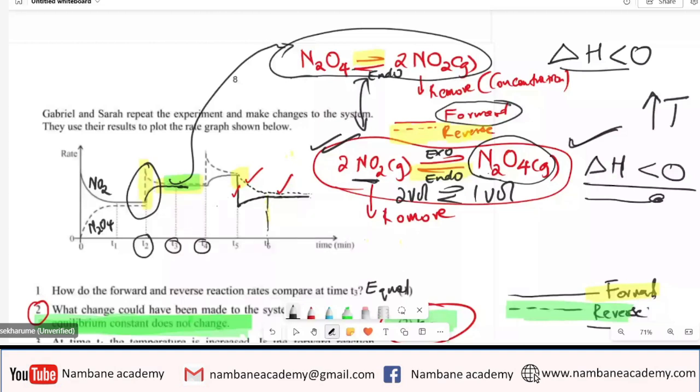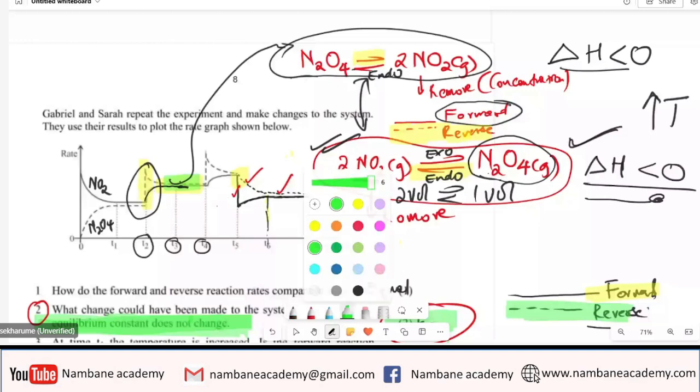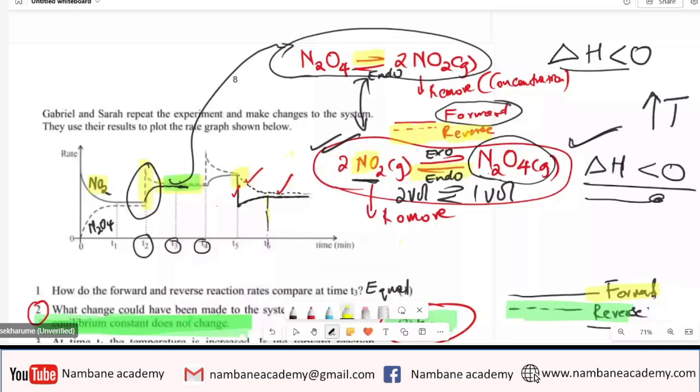I want to apologize for not copying the correct equation, but look into our argument. If I'm using this one, I'm increasing the temperature, I'm favoring the reverse reaction, which is NO2 there. Is NO2 favored, this one?